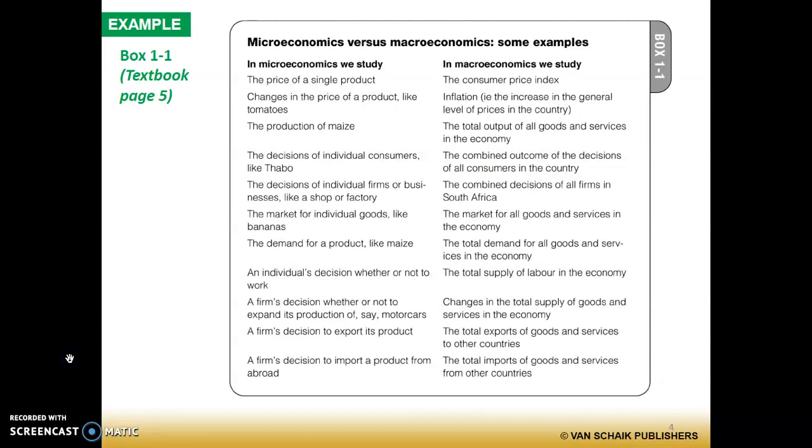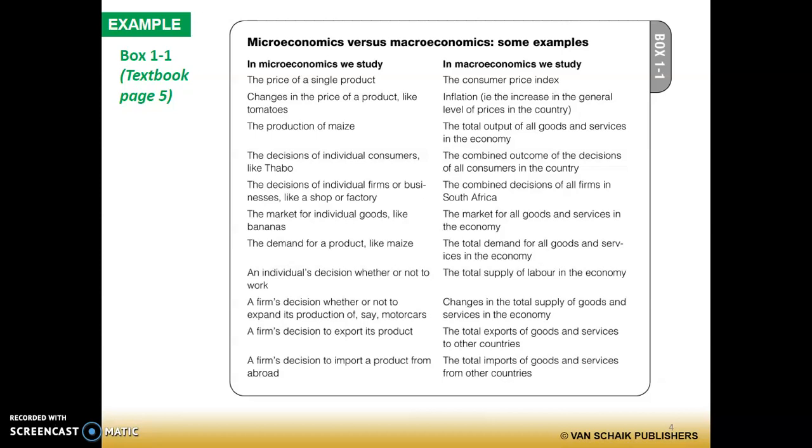So in the textbook, in Box 1.1 on page 5, there are some examples of what microeconomics studies and what macroeconomics studies. Just to mention a few, in microeconomics, we study the price of a single product, whereas in macroeconomics, we study the consumer price index.